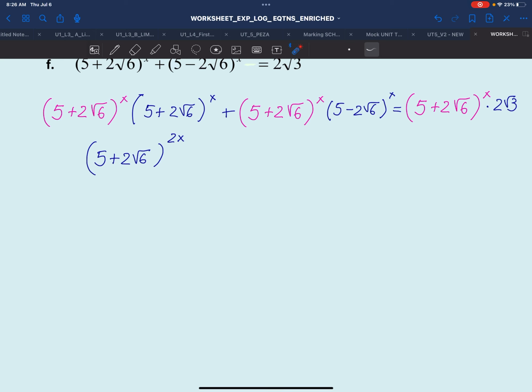You probably see the idea where I'm getting to. I would bring the power of x out of the product, and this product will come inside here. And I really like how this is going to work out, because look at this. We have two conjugates, one with a sum, one with a minus, multiplying each other. So that's good news.